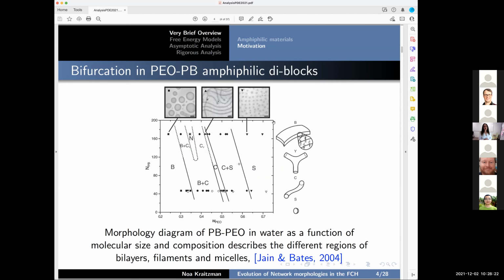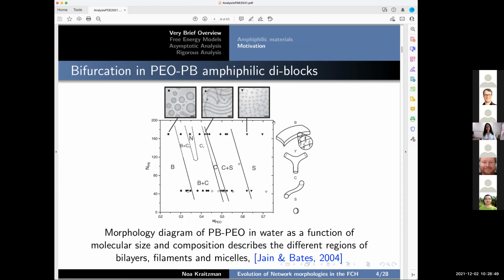Another experiment was done by Jain and Bates. They took 2 sets of diblock copolymers, and they changed the percentage of lipids in the background. Here, the y-axis is the length of the diblocks, and the x-axis is the percentage of lipids in the background.